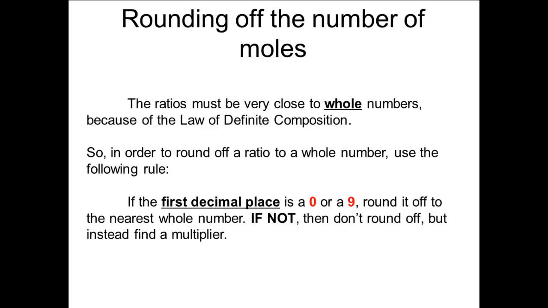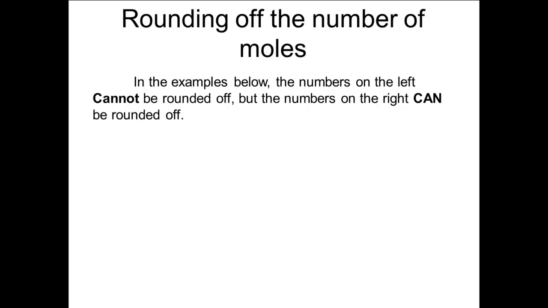This is because the numbers of atoms in a molecule are in small whole number ratios, which usually means numbers less than 10. This rule works for any molecule with subscripts less than 10. In the examples below, the numbers on the left cannot be rounded off to whole numbers because they do not have a 0 or a 9 in the first decimal place.